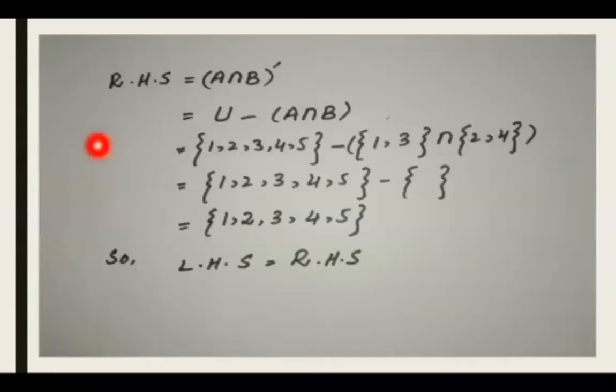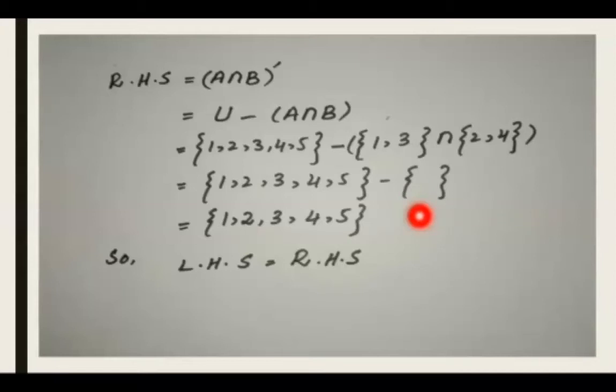Now in the right hand side, we will solve A intersection B whole complement. A intersection B whole complement will be equal to U minus A intersection B. In this step, we will put the values of universal set U, set A and set B. First we take the intersection of these two sets. As there is no common element in these two sets, their intersection will be empty set.